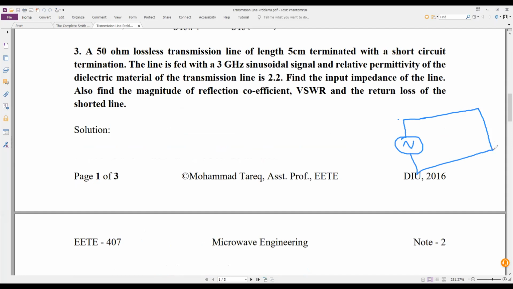Since it is shorted, now this is the line. What they have said is that f is 3 GHz, and the relative permittivity, epsilon R, is 2.2.